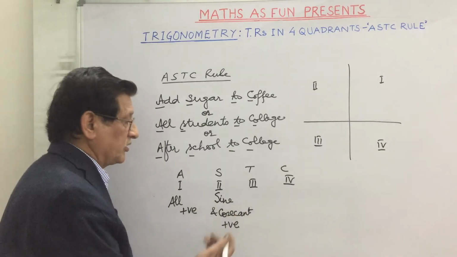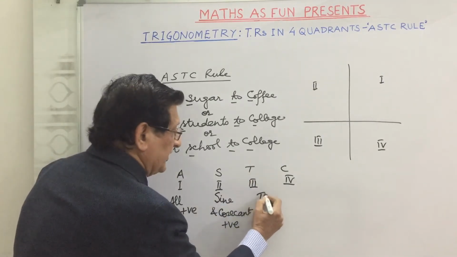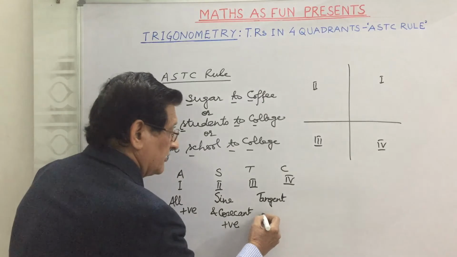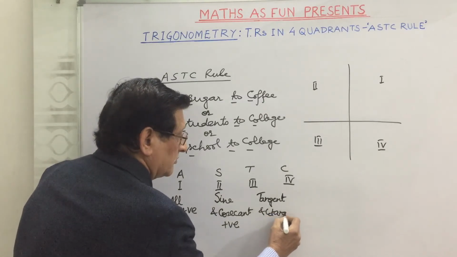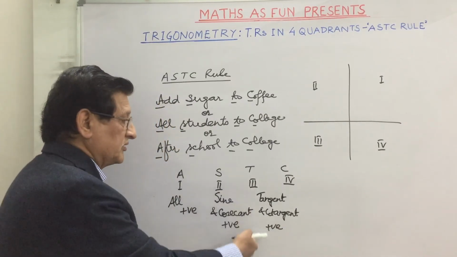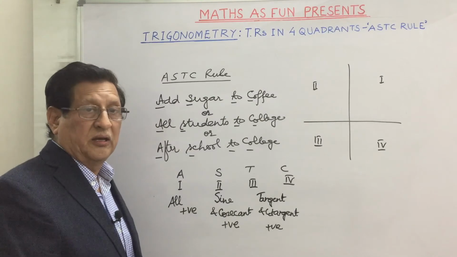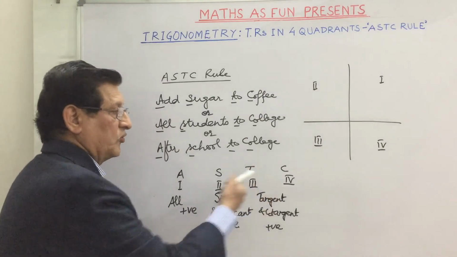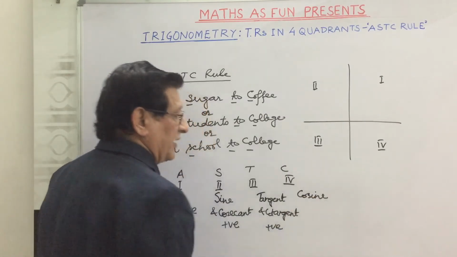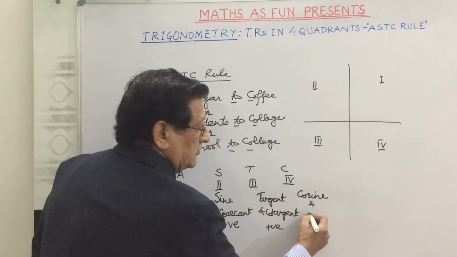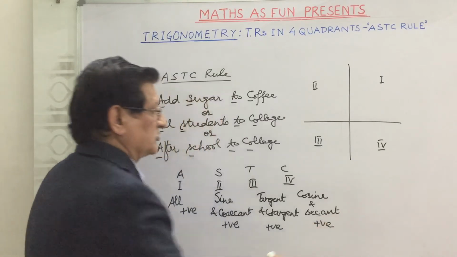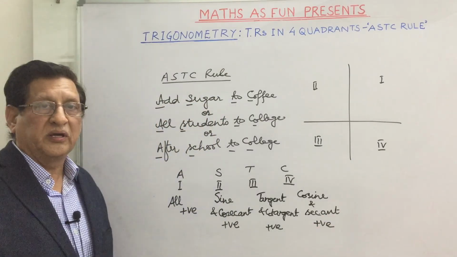When we go to the third quadrant, T for tangent, and the reciprocal of tangent, we know, is cotangent. So these two will be positive, and the rest of the trigonometrical ratios in the third quadrant for all the angles will be negative. Fourth one, C. C for cos, that is cosine, and the reciprocal of cosine is secant. So these two will be positive in this, and the rest will be negative.